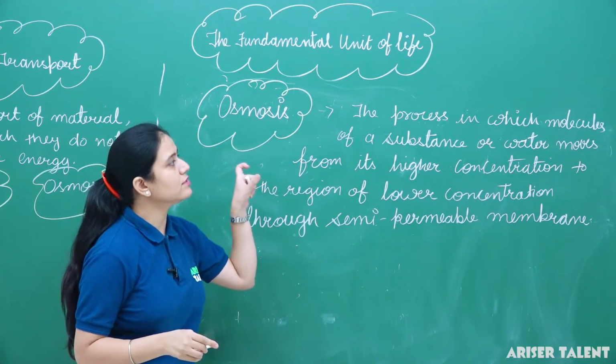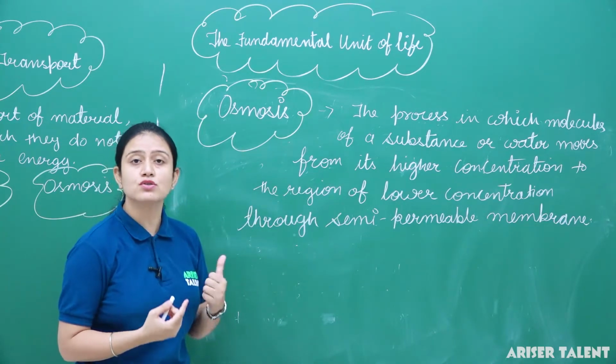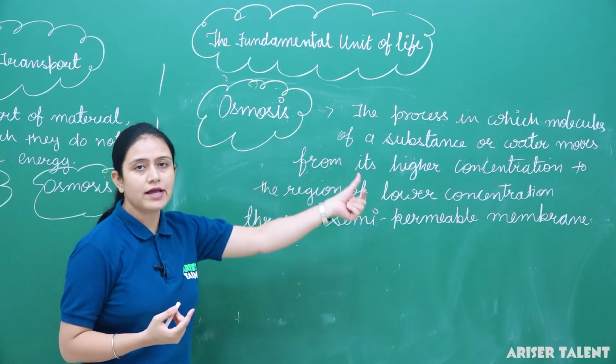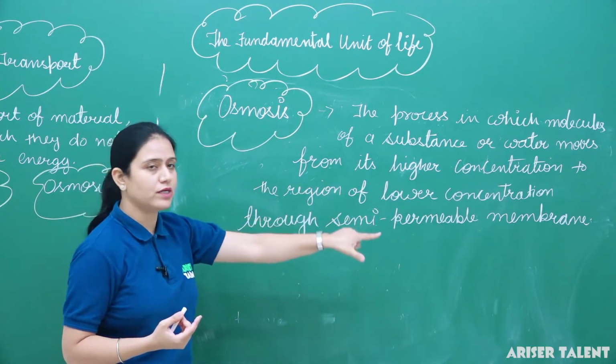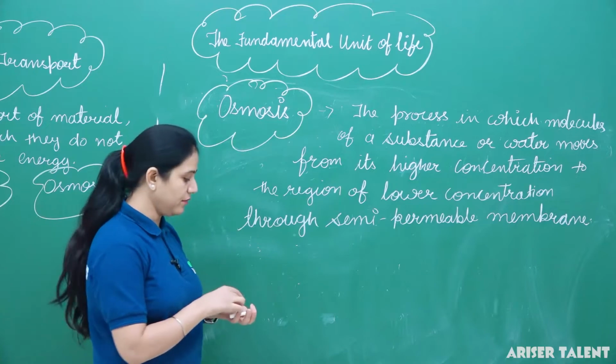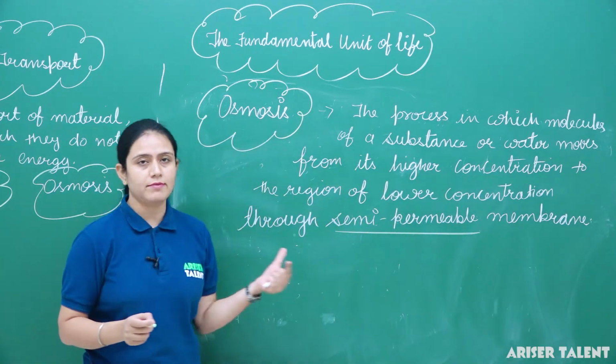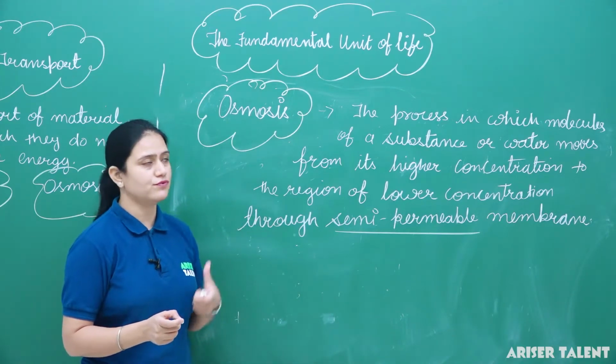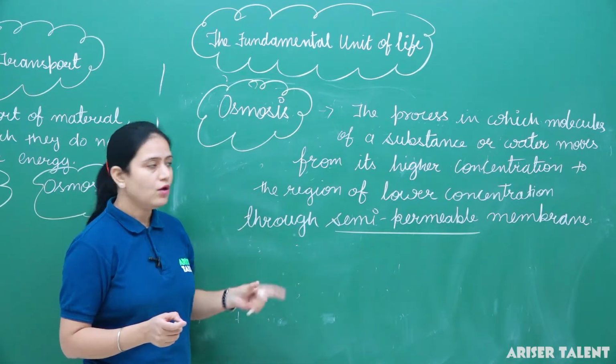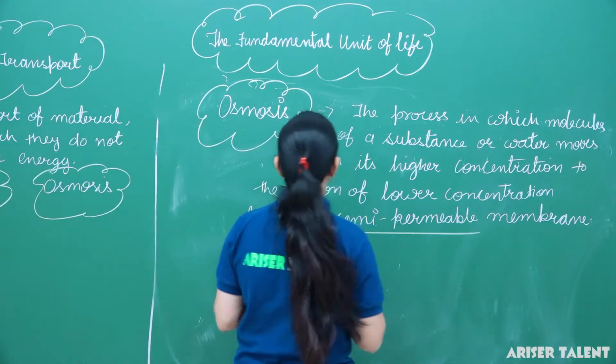So we can say osmosis is the process in which molecules of a substance or water move from their higher concentration to the region of lower concentration through a semi-permeable membrane. This point is to be noted, that they move through the semi-permeable membrane, and this is the difference between the processes of diffusion and osmosis.